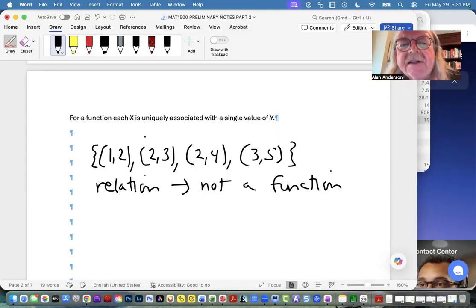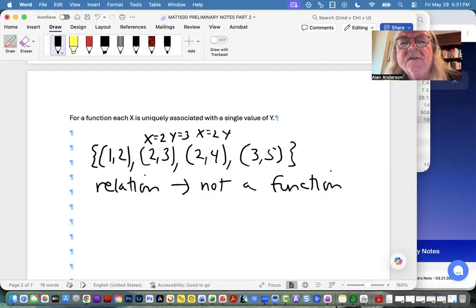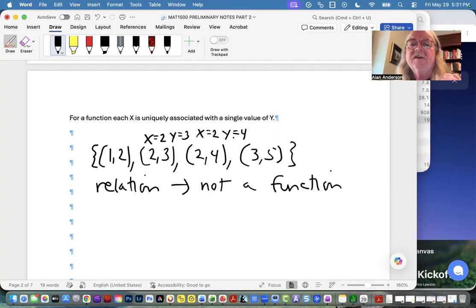Because here you see x is 2 and y is 3, but with this ordered pair, x is 2 and y is 4, and that rules it out right there. So it's a relation, but it's not a function.